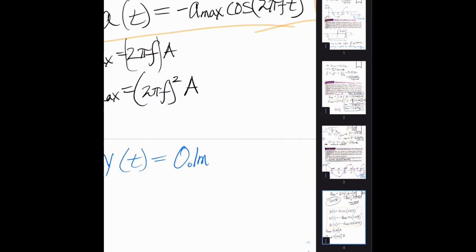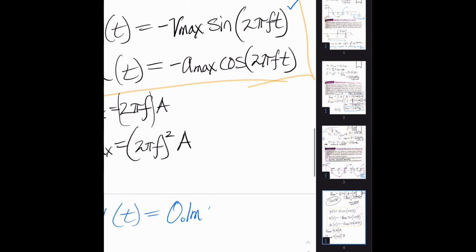And here's where we got to make sure we're in radians. That was one of the caveats they said in the text, and you got to make sure for these equations to get the answer and its sign to be correct.